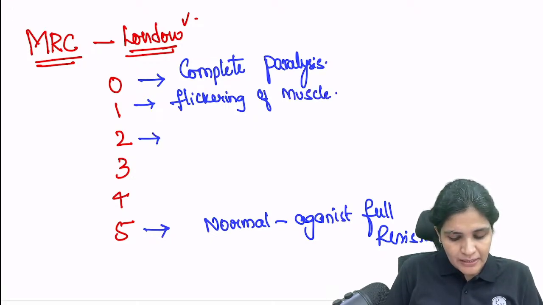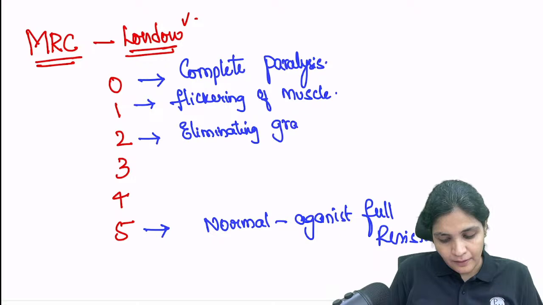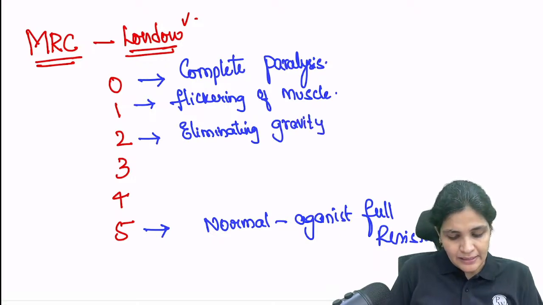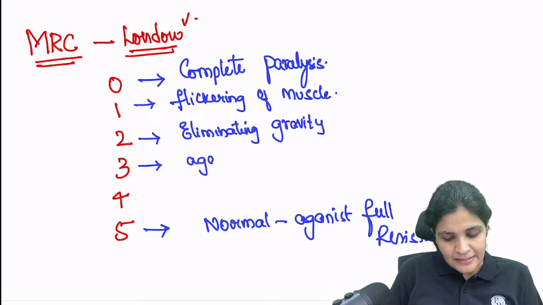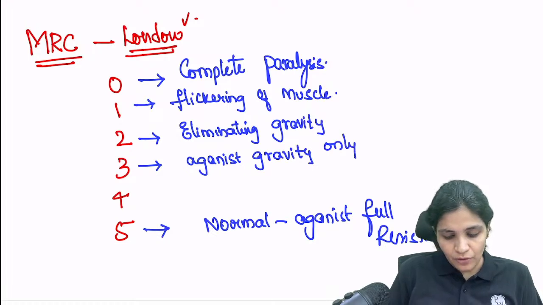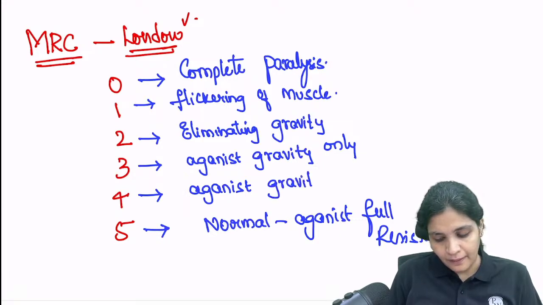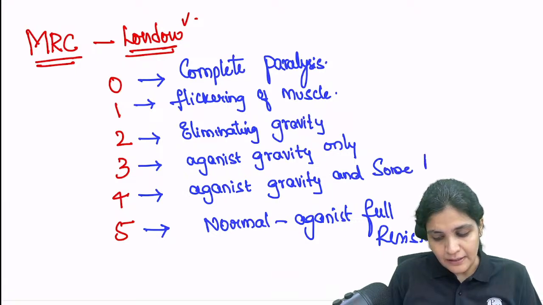Then 2 is eliminating gravity. Then 3 is against gravity only. And 4 is against gravity and some resistance.